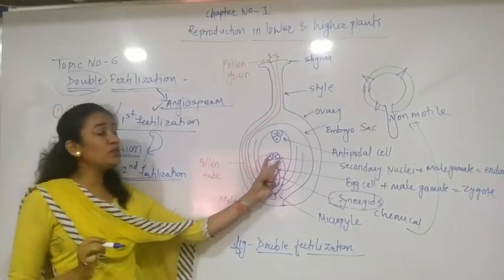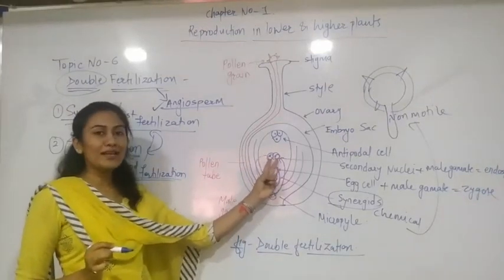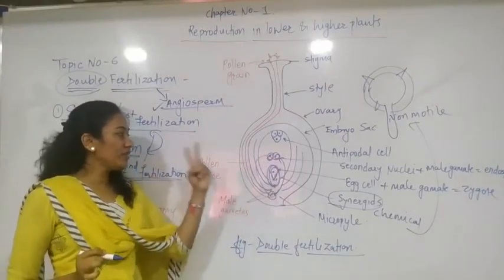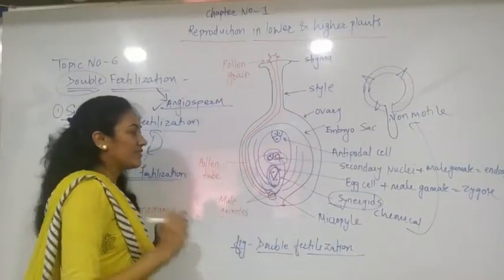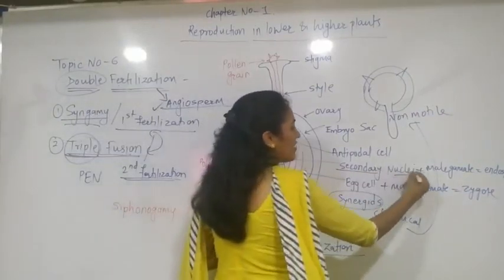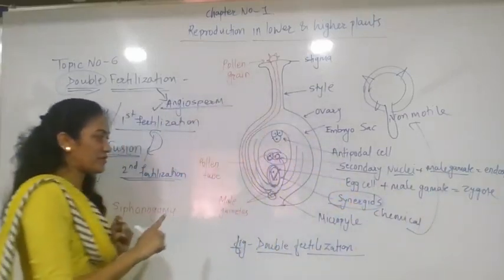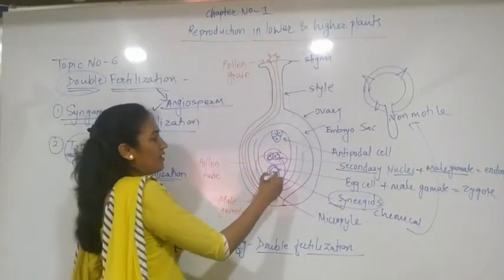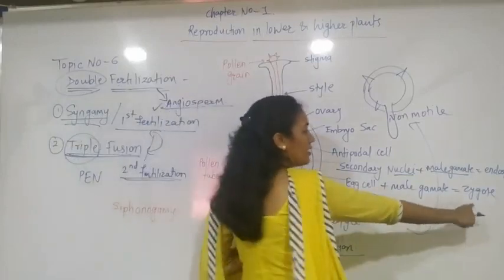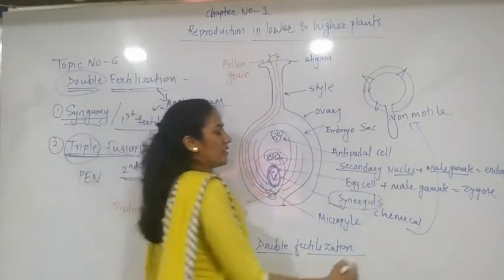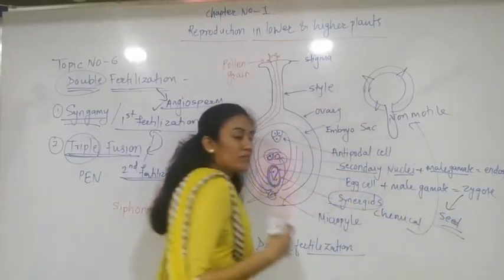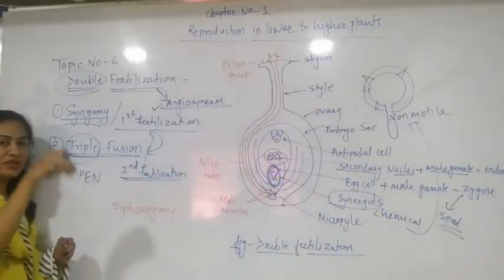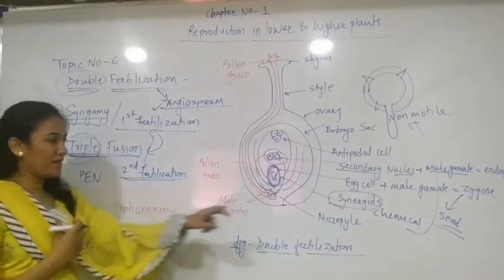The polar nuclei, the secondary nucleus, is a single cell nucleus having two nuclei. That's why when the secondary nucleus fuses with a male gamete, it forms endosperm, and when the first male gamete fuses with the egg cell, it forms the zygote. The zygote is nothing but the actual seed, which we pour in the soil, and a new plant is formed from that seed.